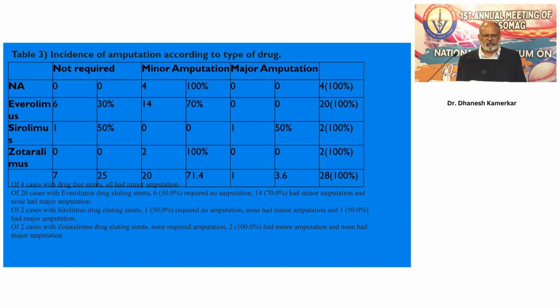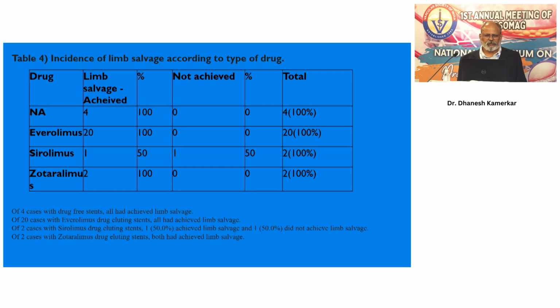When we used sirolimus stents, 1 did not require any amputation, nobody required minor amputations, but 1 had a major amputation. And zotarolimus, none had amputation, 2 had minor amputations, none again major. So of all 4 cases with drug-free stents, all had minor amputations. And of 20 with everolimus, almost 30% required no amputations, and 70% had minor amputations.